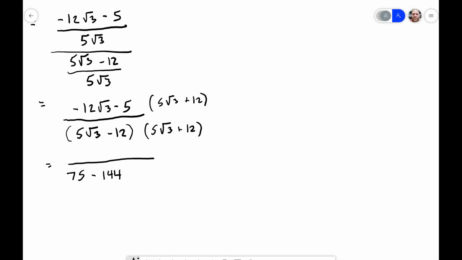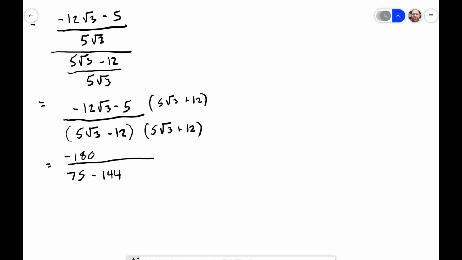And then on the top, we're going to have to FOIL this thing out. On the top, I'm going to get the first term squared. That's going to be negative 60 times 3, so I'm going to get a minus 180.